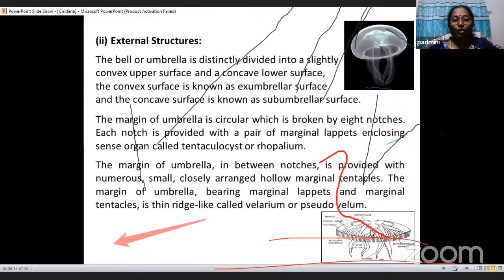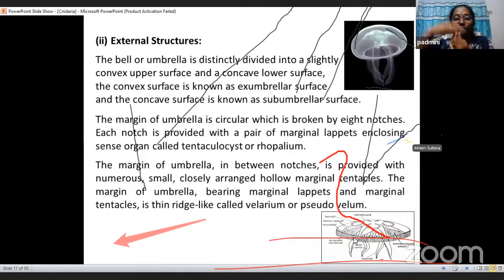Each notch is provided with a pair of marginal lappets. They have a notch, and the notch is covered by a flap like this. That is what is called lappets, enclosing the sense organ called tentaculocyst or rhopalium. So it is called a statocyst, or a tentaculocyst, or also a rhopalium.